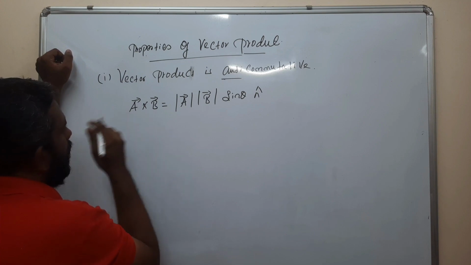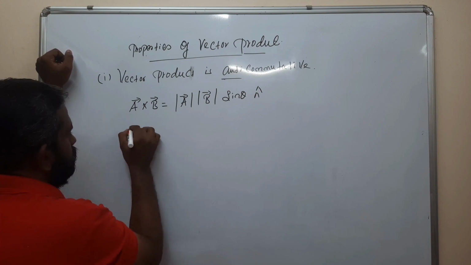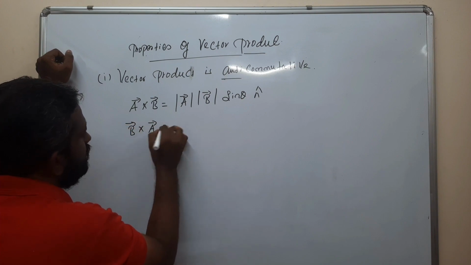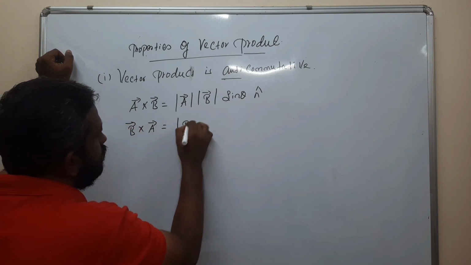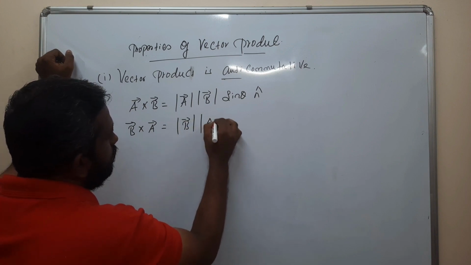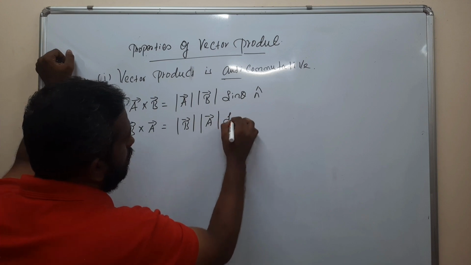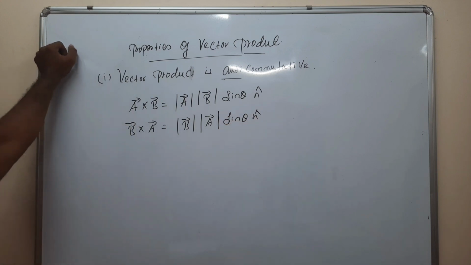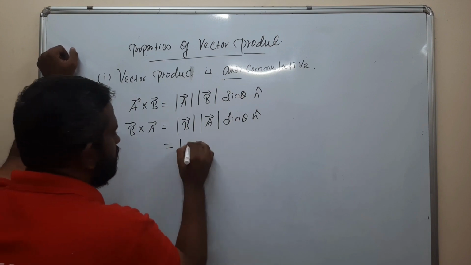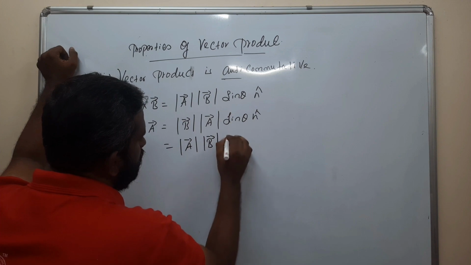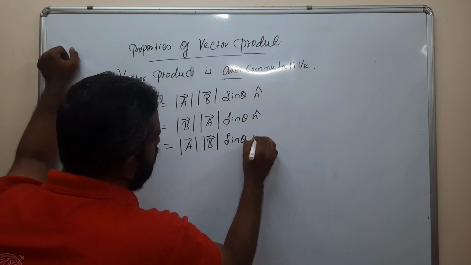What is b vector cross a vector? B vector cross a vector is equal to modulus of b vector and modulus of a vector, sin theta into n cap.